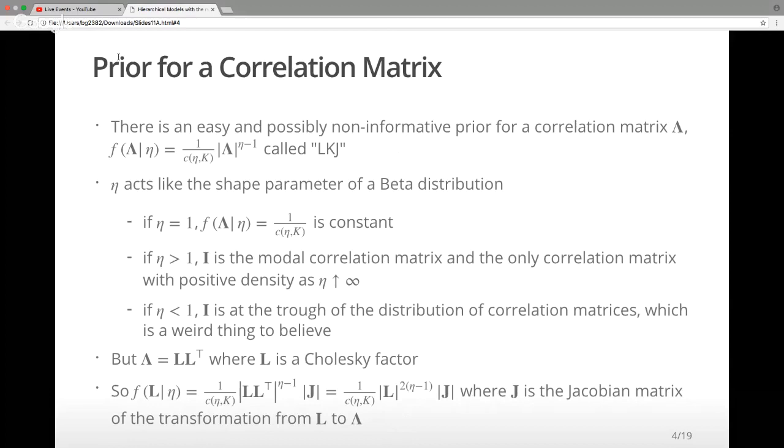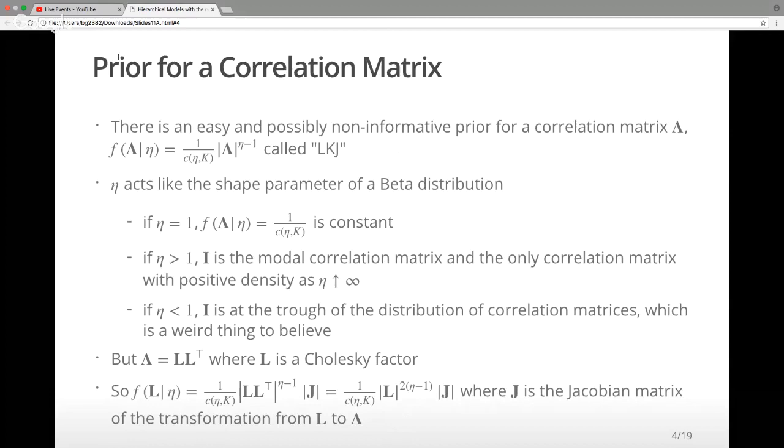It has this PDF, and eta acts much like the shape parameter of a beta distribution if you constrain the two shape parameters to be equal to each other. So you have a symmetric beta distribution. In any event, eta, the shape parameter, acts in much the same way, because if eta is 1, then the PDF for the correlation matrix is just going to be 1 over something that doesn't depend on the elements of the correlation matrix.